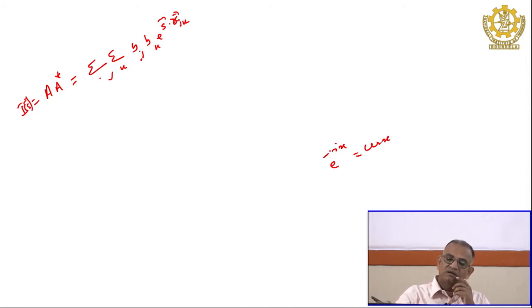If it is minus, cos x minus i sin x. So, the conjugate is this. Now multiply: cos square x plus sin square x, which is 1.